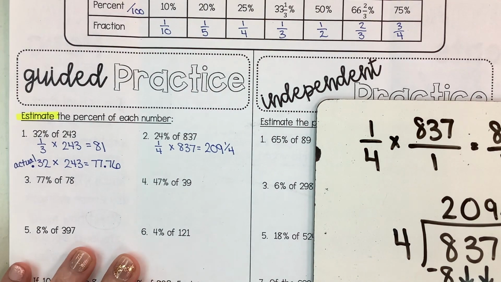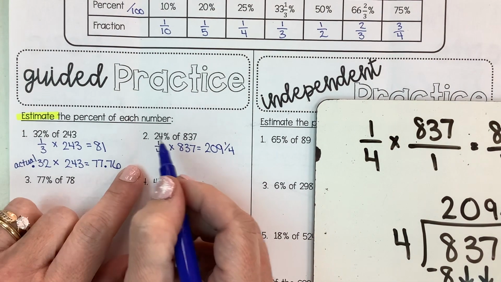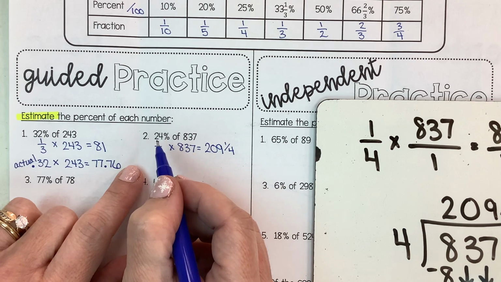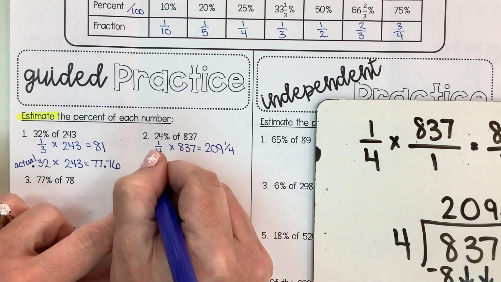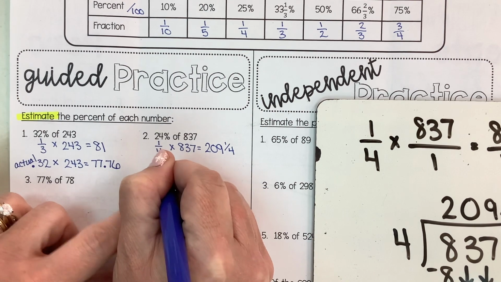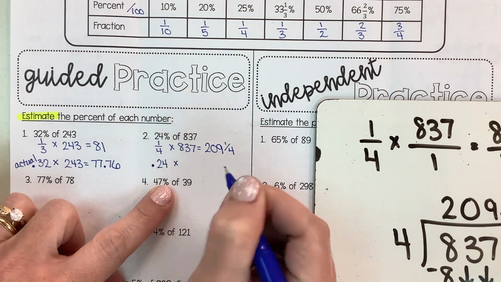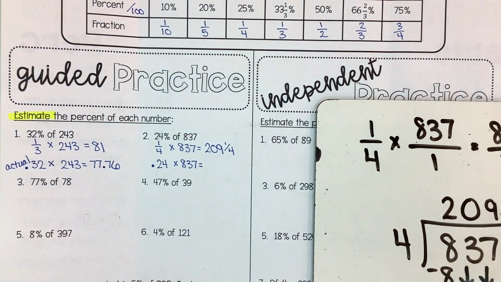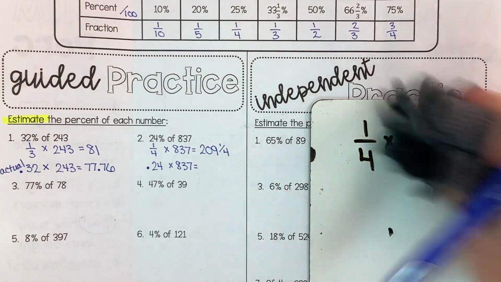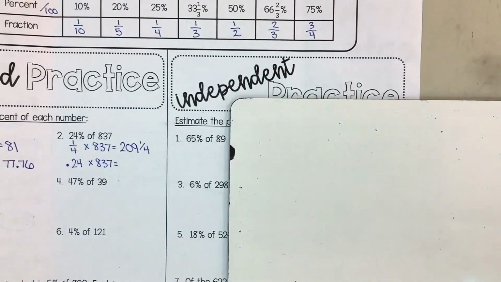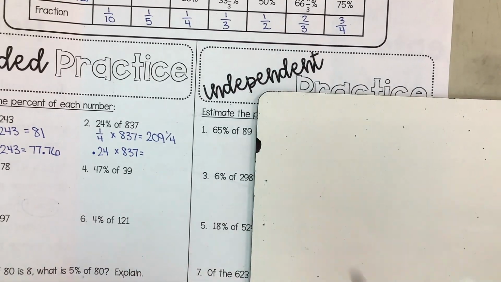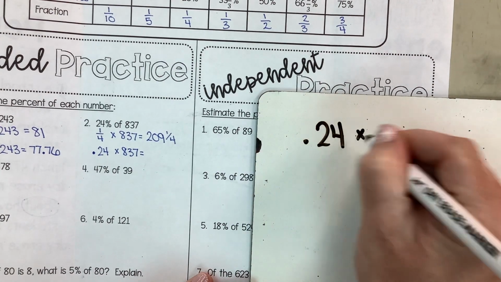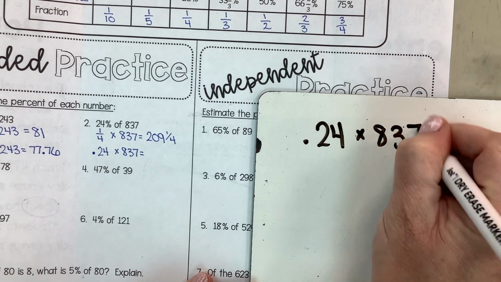Now let's go ahead and do our actual. So percent, our decimal is here, so we're going to move it 2 times, and we get 0.24 times that 837. So let's figure that out now. Let's come over to our scratch work. We have 0.24, 24 hundredths, times 837.